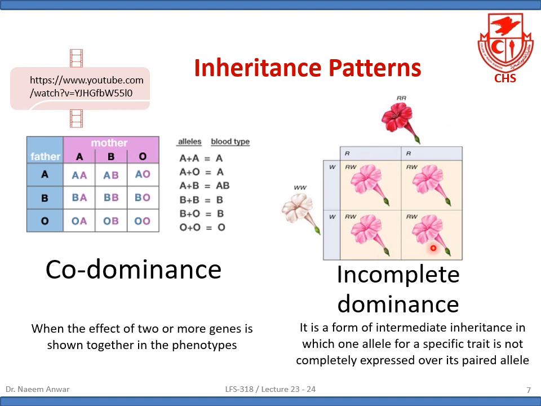In codominance both will be dominant, while here there is no dominance, but a trait in between the two original traits that are mated. You can watch any videos mentioned here so they can clarify the idea from each slide.